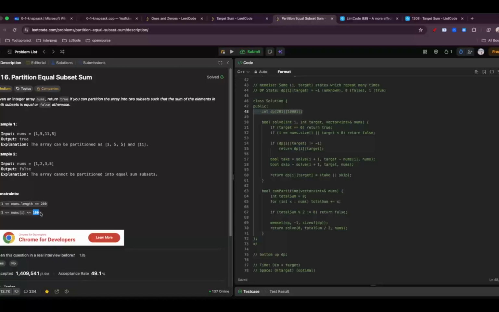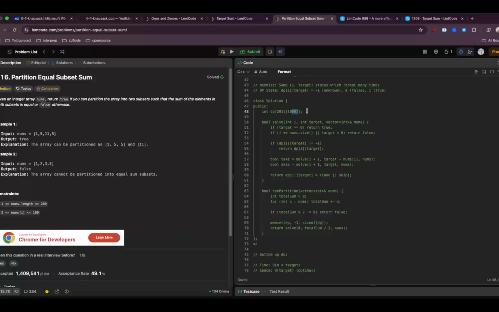So this 100 value multiplied by the number of elements, it becomes 200 times 100, which is 20,000, but still we take just one extra, 10,001.